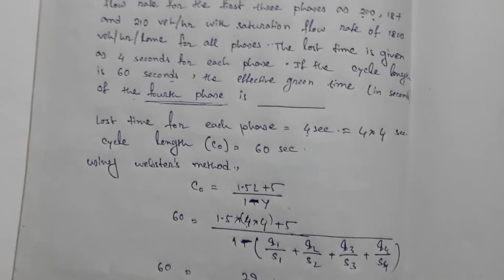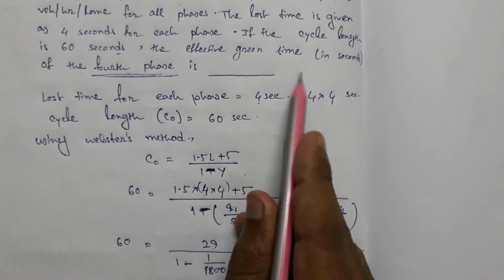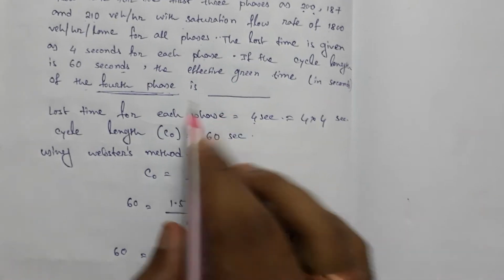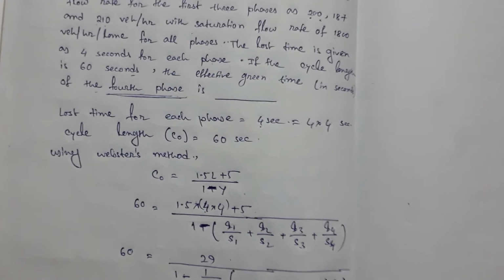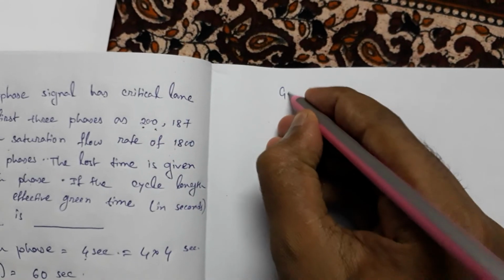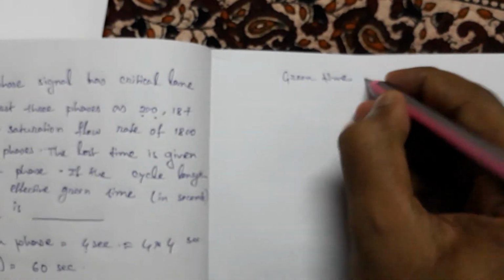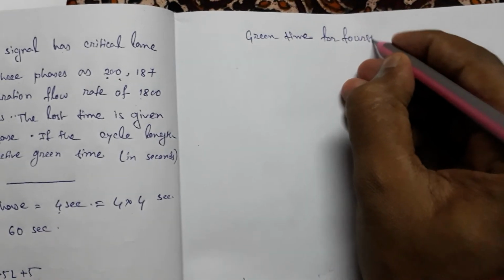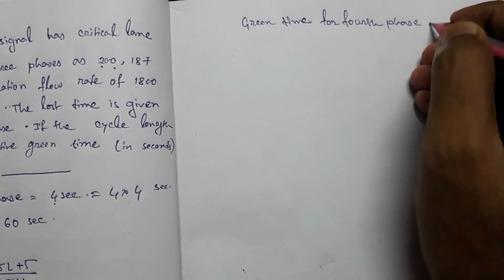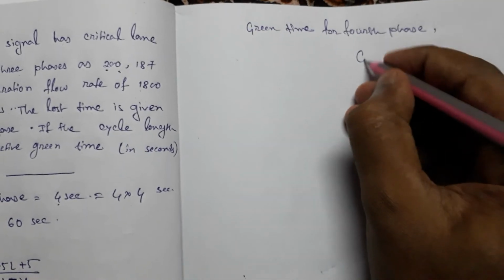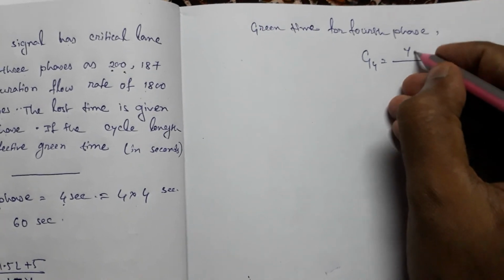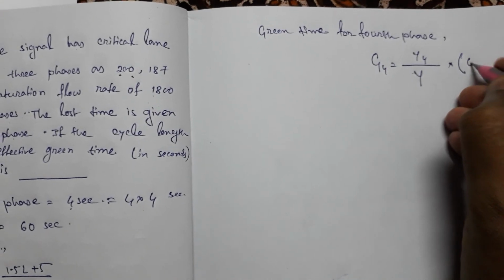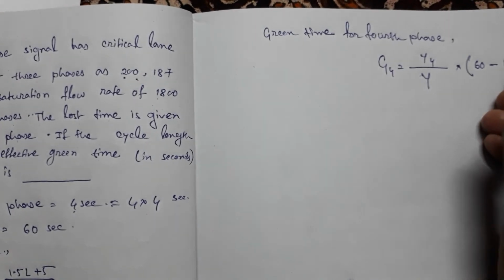Now what will be the effective green time? Our question is, what is the effective green time for the fourth phase? Now the green time formula for the fourth phase: G4 equals Y4 divided by total Y into 60 minus 16.